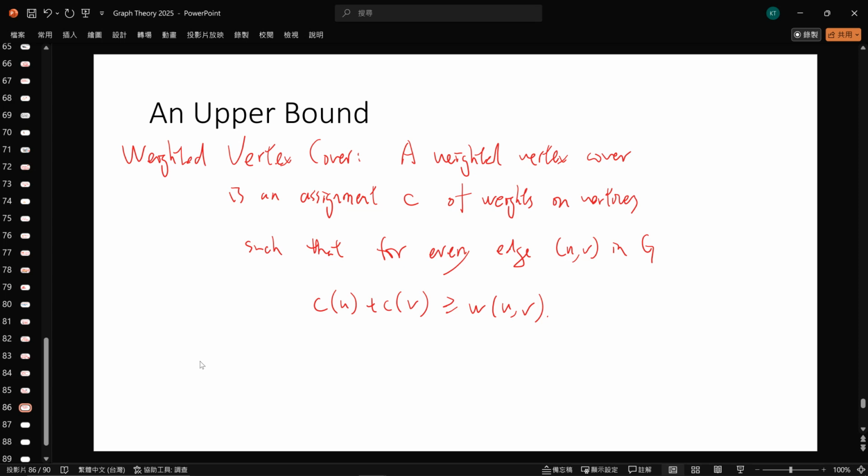So this is weighted vertex cover. So what is the upper bound for the matching?